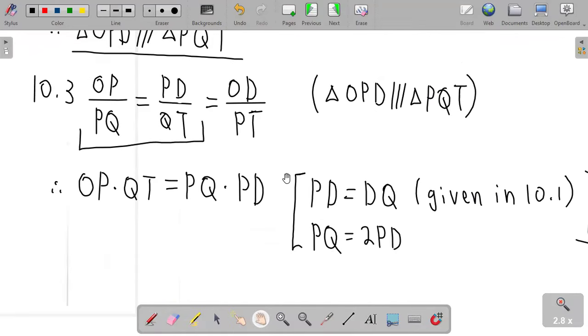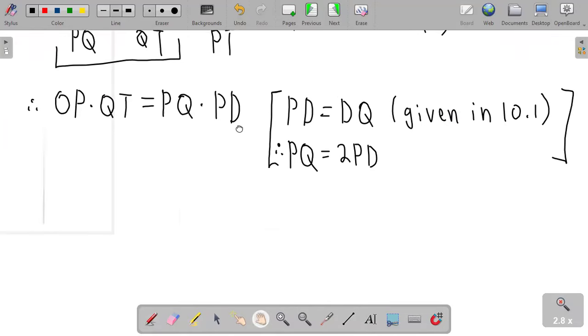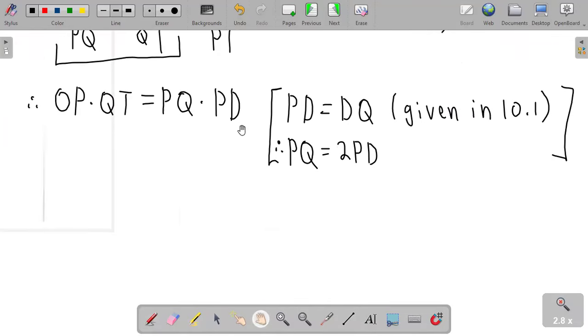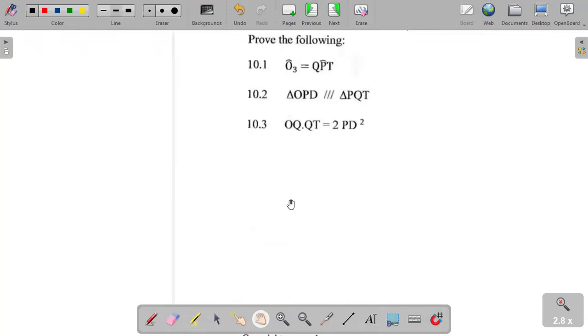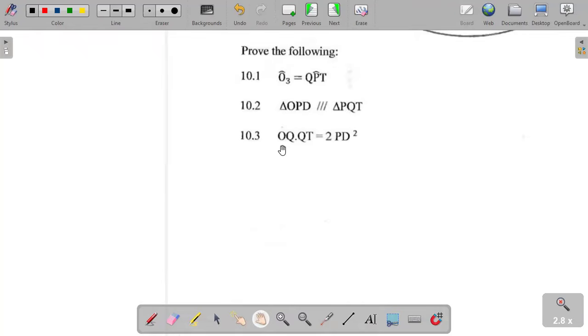So because these two are equal, this means therefore, let's see, we are required to prove QT.